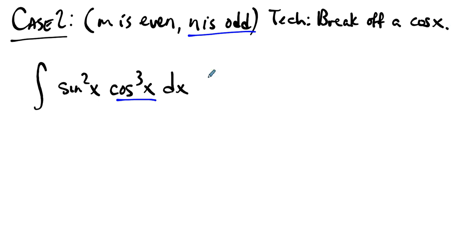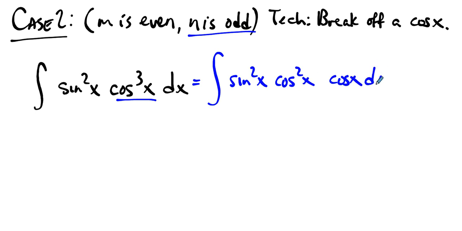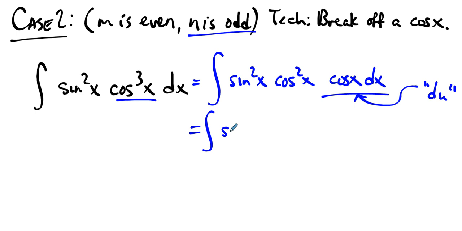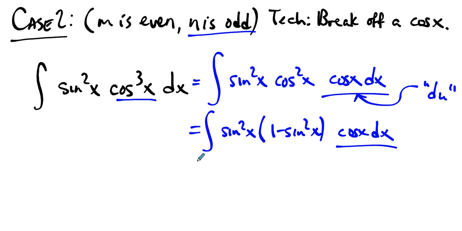We'll break off a cosine x, and we'll leave it right at the end. Why? Because this is going to function as du. How can this function as du? Well, if u is the sine of x, so this is fine, but this is not. Now it's okay. That's the du.